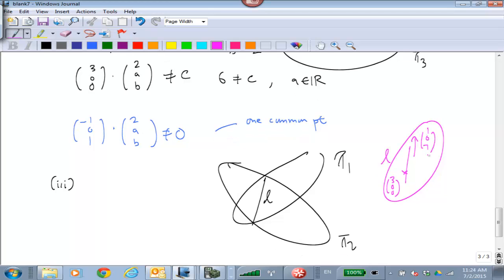Correct? If I read the question well, they actually tell me that the origin is on it. Agree? Which means that the equation of this plane can be written as this: 1, 0, minus 1 is the vector that I can use, and the point is 3, 0, 0. Agree?